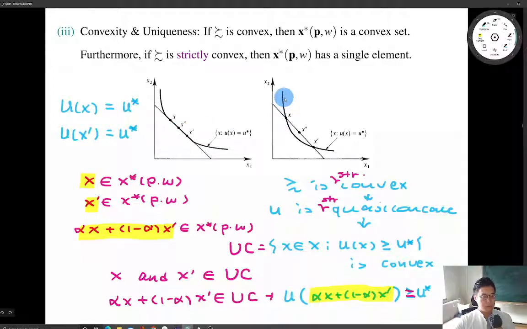But in the case of a strictly convex indifference curve, that kills this possibility, right? So we end up with just one single bundle, say X double prime, where the indifference curve is tangent to the budget line. So we end up with just a single element. Okay? So if the preference relation is strictly convex, then Walrasian demand is single valued. So we have a Walrasian demand function.